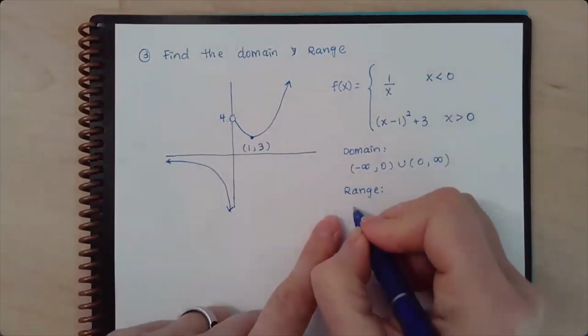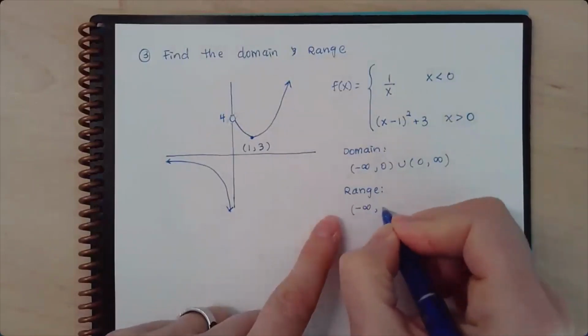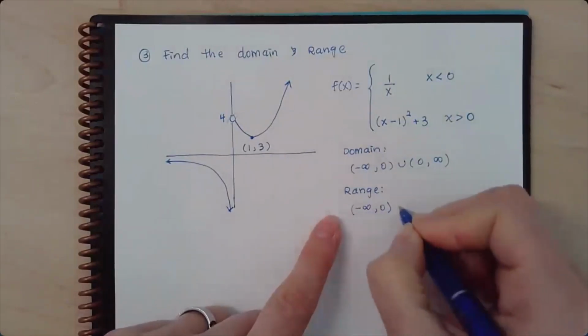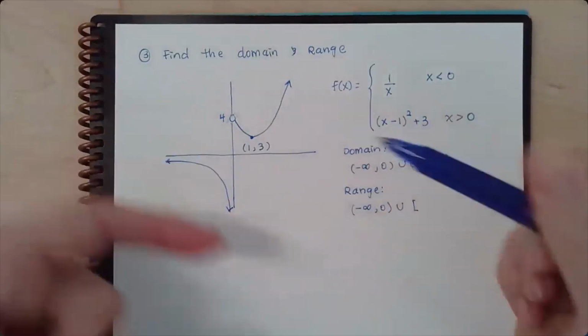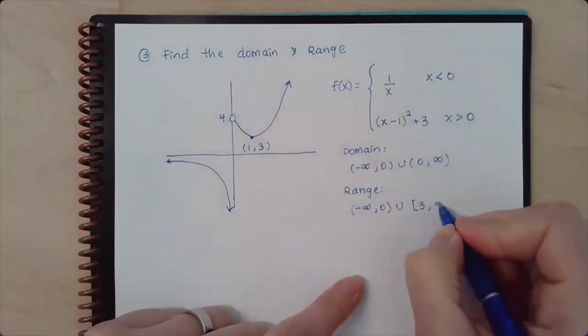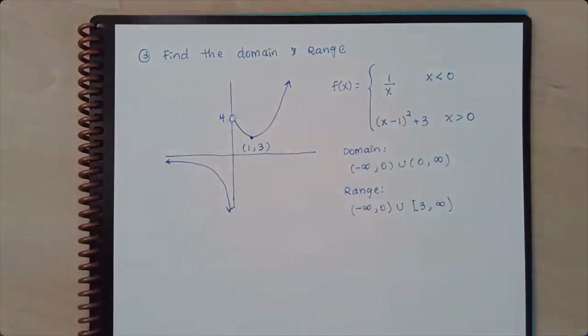So my range here would have to look like negative infinity to 0. And then from, oh, sorry, I meant from 0 to 3, 3 to positive infinity. Neither of the functions can get me to any of the y values between 0 and 3.